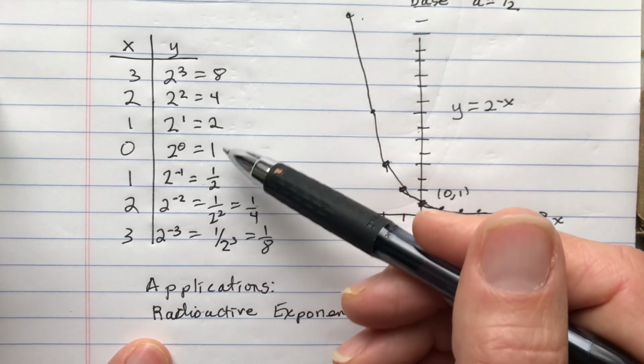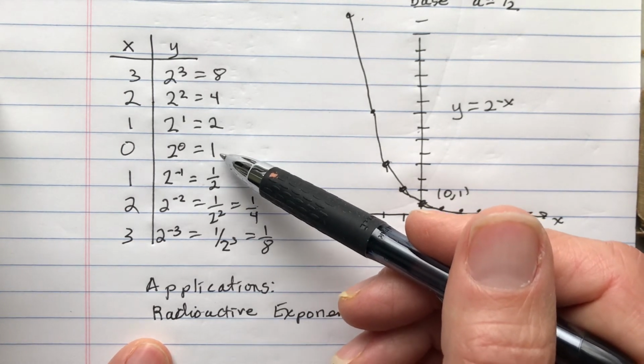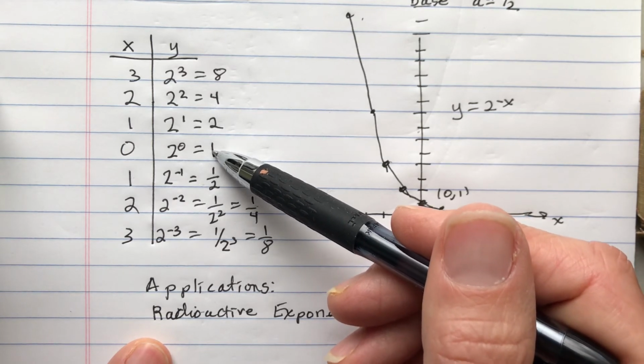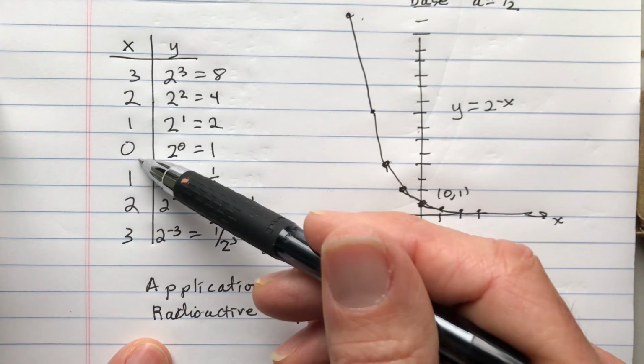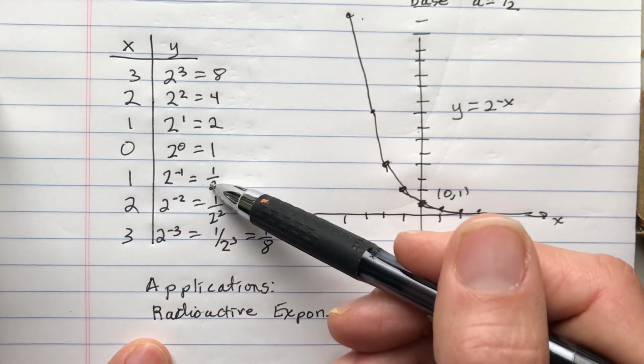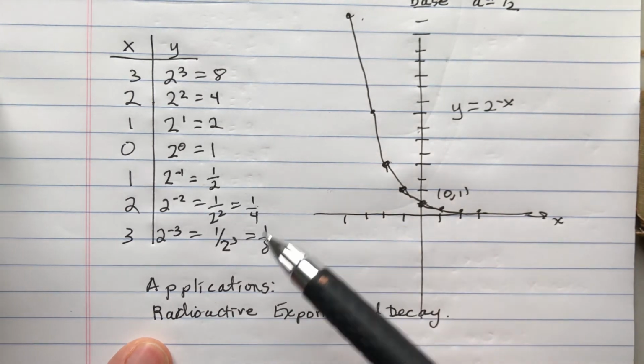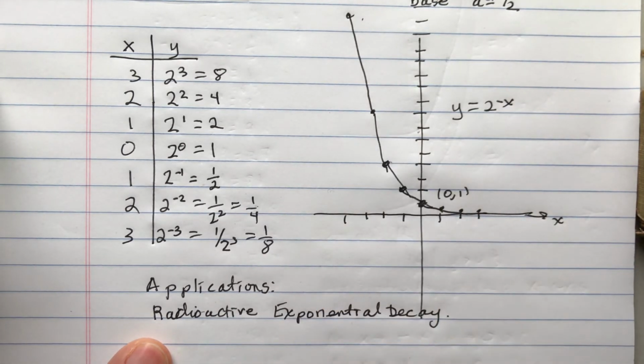I think a kilogram's a lot; I don't think you really see a kilogram lying around. But whatever amount you have, every increment of time, half of that decays. So you start off with 1, then a half. This is the graph of that.